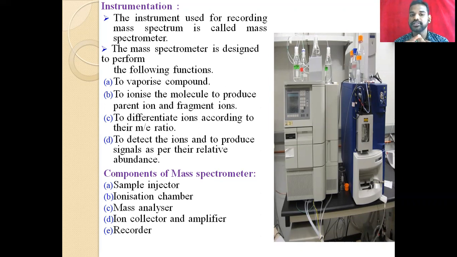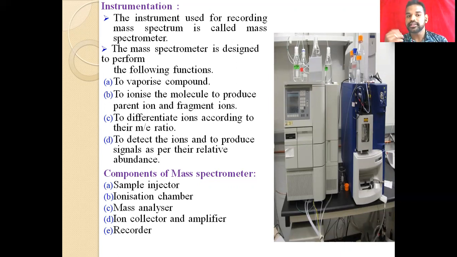The third one is to differentiate ions according to their m/e ratio. That means the ions are differentiated on the basis of their mass to charge ratio. And then to detect the ions and to produce a signal as per their relative abundance.